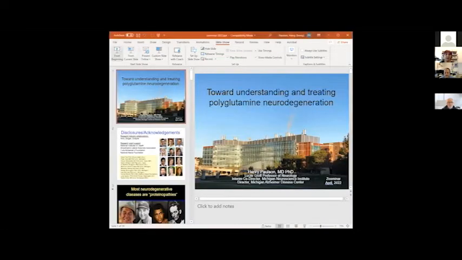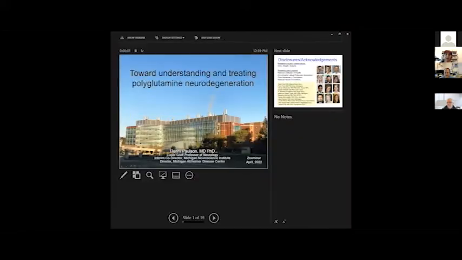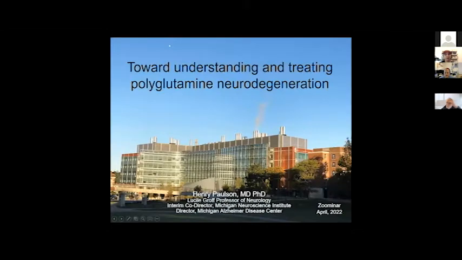Sure. And while we are switching speakers, it's my great pleasure to introduce Dr. Henry Paulson, who is the Lucille Groff Professor in Neurology for Alzheimer's disease and related disorders in the Department of Neurology at the University of Michigan. Dr. Paulson joined the University of Michigan faculty in 2007, and he currently directs the Michigan Alzheimer's Disease Center, MADC.